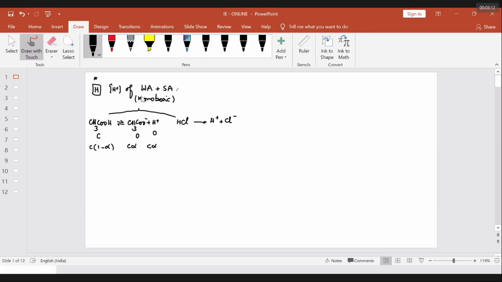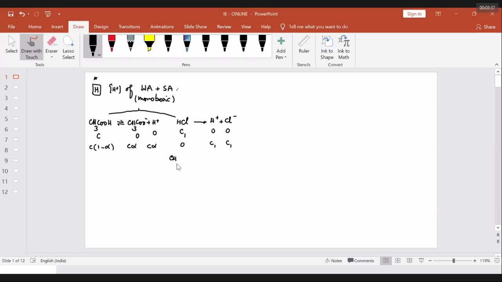Since I am taking two acids, I'll write C1. Keep in mind, C1 is the concentration of strong acid. Initially this is 0, this is 0. At time t, this is 0, this is C1, this is C1, because it is a strong electrolyte, completely ionized.